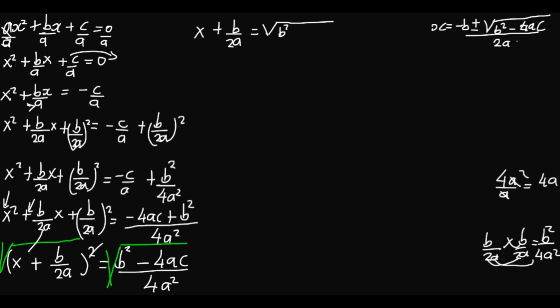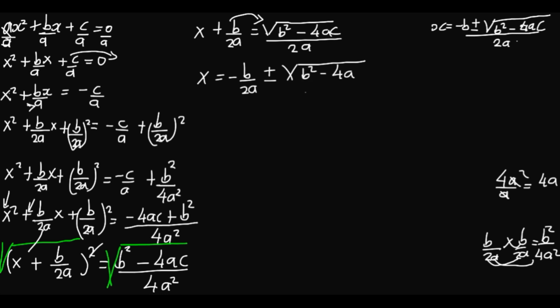So here we have the square root of b squared minus 4ac divided by the square root of 4, which is 2, the square root of a squared is just a. So after reaching this stage, now we can move our positive b over 2a to the right side. x is equal to, here we are going to have now minus b over 2a, then plus or minus, we know that the square root has those two signs.